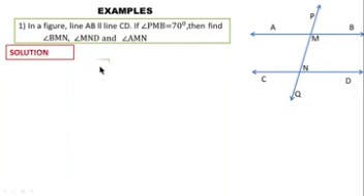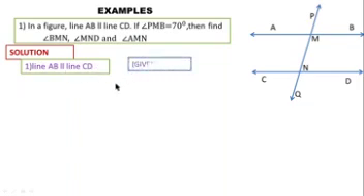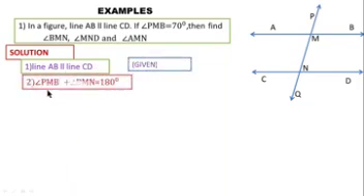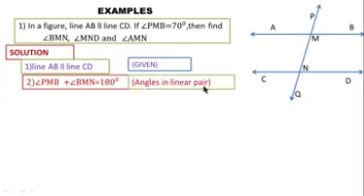Solution. First, line AB is parallel to line CD, because it is given. Second, angle PMB plus angle BMN is equal to 180 degrees, angles in linear pair.